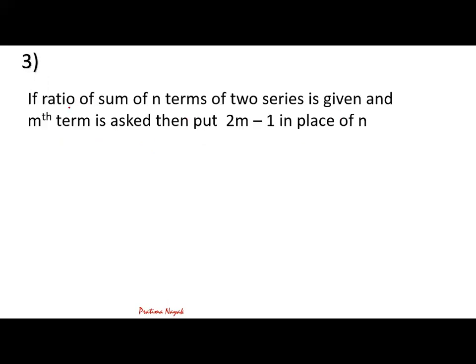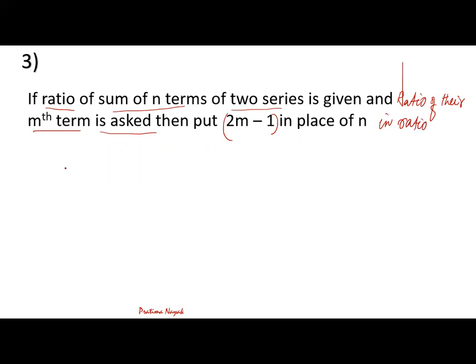Next, if the ratio of the sum of n terms of two series is given and the ratio of their mth terms is asked, then put 2m minus 1 in place of n in the ratio.